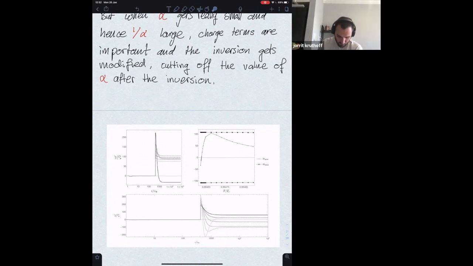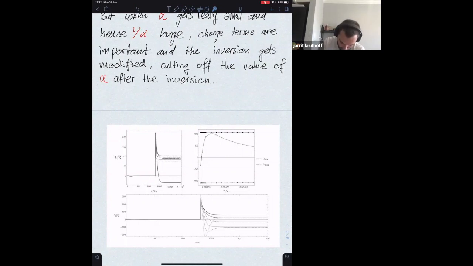In all these cases, here I zoomed in on the inversion, and you can see that this is slightly different from what I showed you before. But when alpha gets really, really small, then charge terms become important.